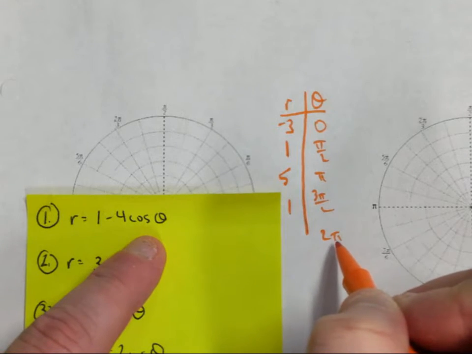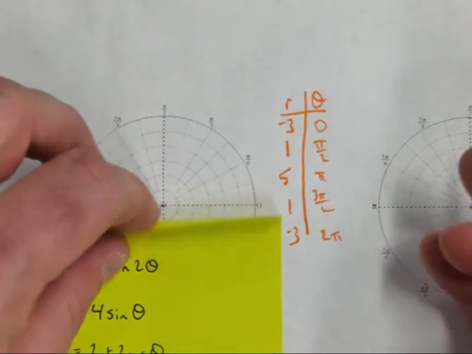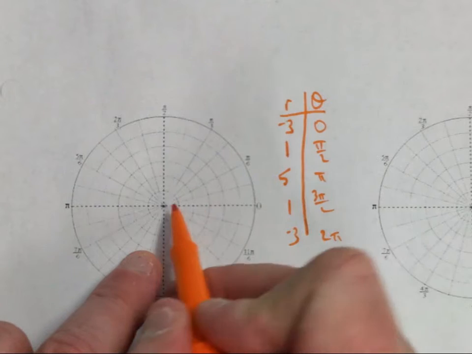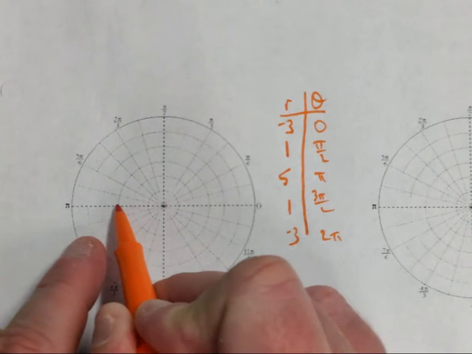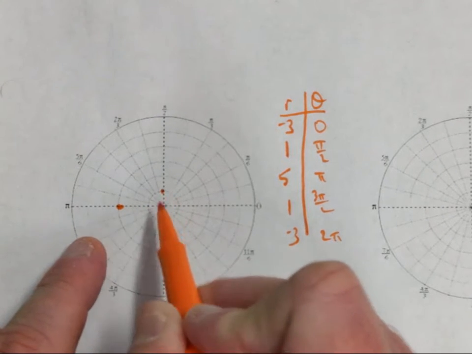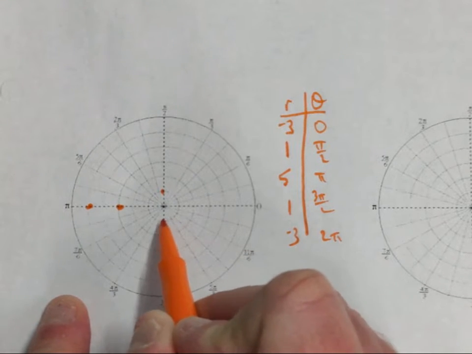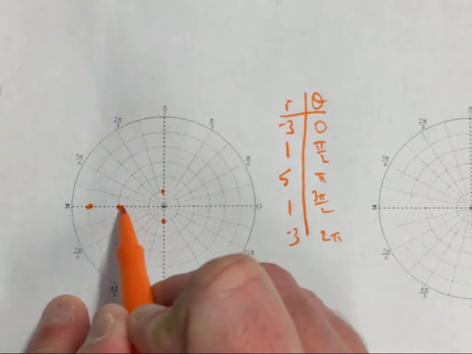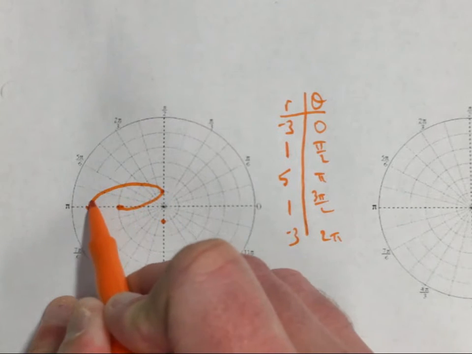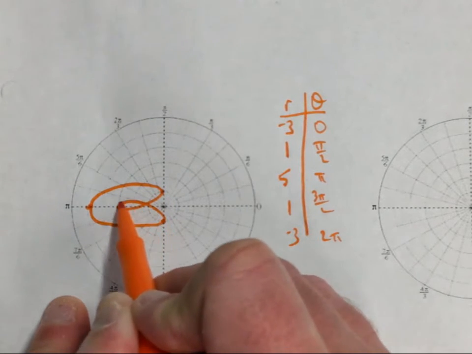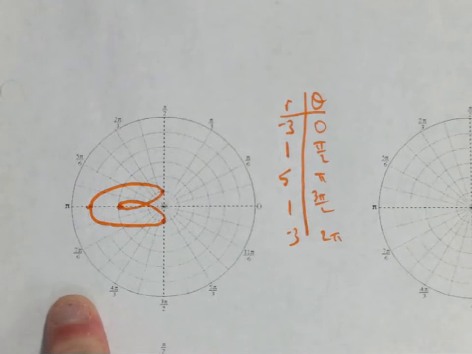Cosine of 2 pi is 1. That gives me negative 3. Negative 3, 0. I find 0. Go opposite direction. And there's my limaçon.